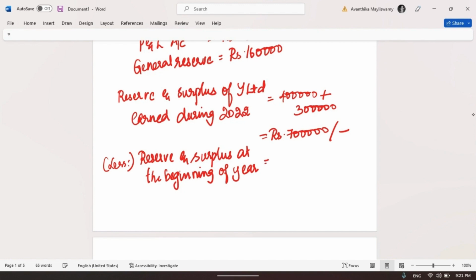So beginning of the year it was equal to 1,50,000 plus 1,60,000 is equal to 3,10,000. So we get an amount of rupees 3,90,000 as the reserve earned.